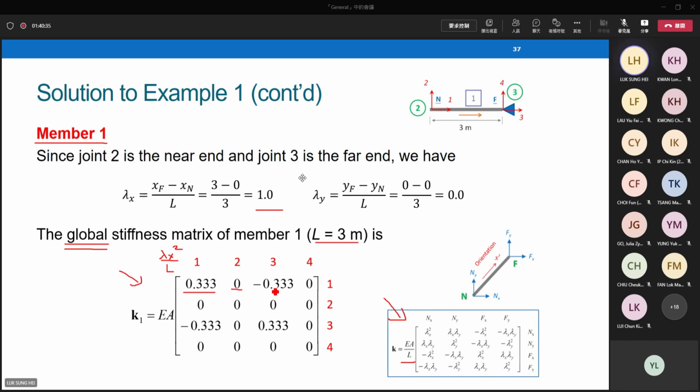Remember that I told you some properties at the beginning, right? For this matrix, you have only 3 patterns. You can firstly evaluate the patterns: lambda x squared, lambda y squared, and then lambda x lambda y. Because we always see these 3 patterns only in this matrix. Once you know these 3 numbers, lambda x is 1, lambda y is 0, once you know the arrangement, you can substitute them according to the positions, according to the given formula.